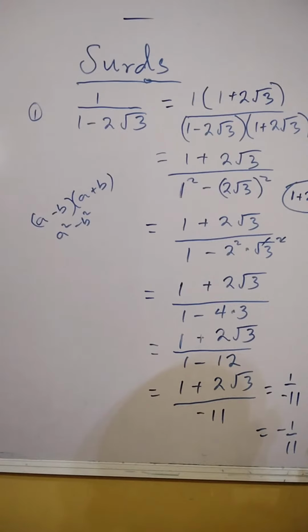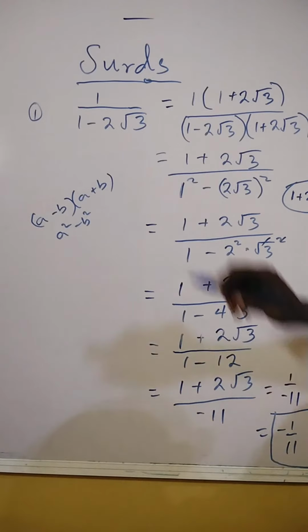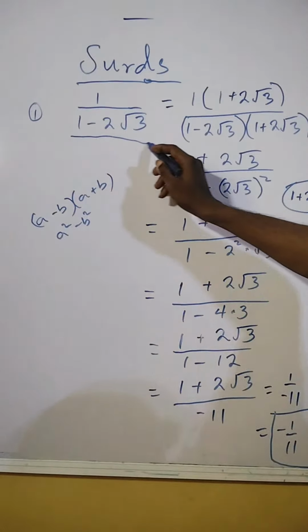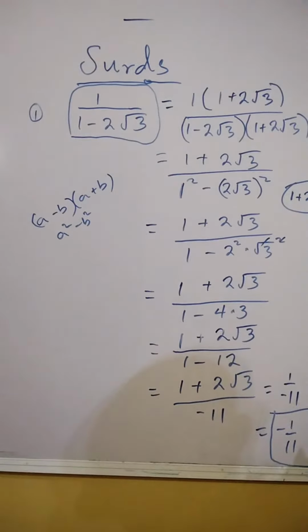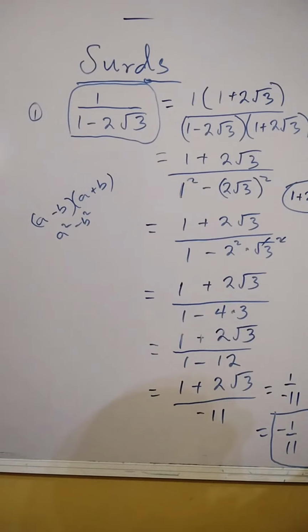This becomes minus 2 over 11 root 3. So we can leave our answer like this, where minus 1 over 11 and minus 2 over 11, they are both rational numbers. So here now, we have rationalized this particular surd given here. So this here is a simplified form.